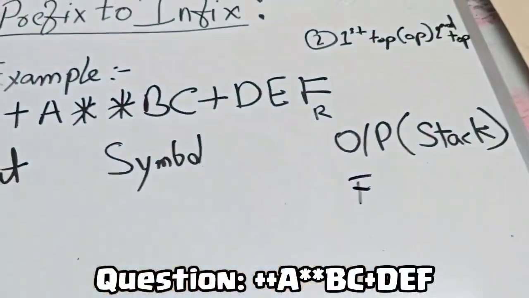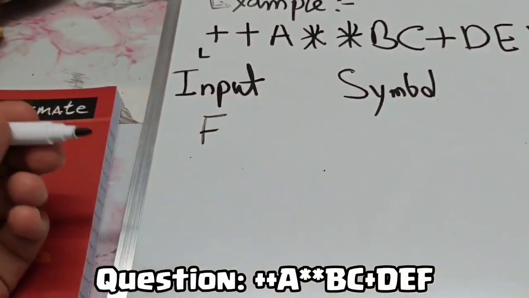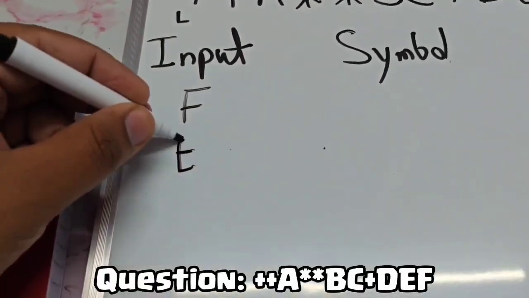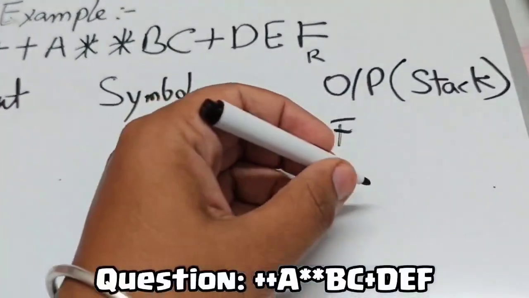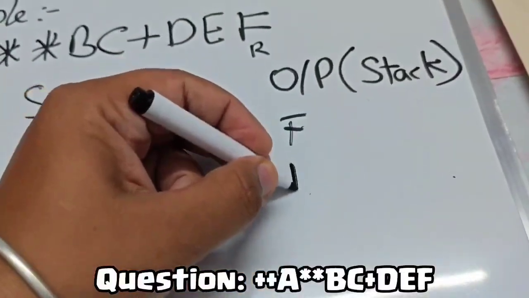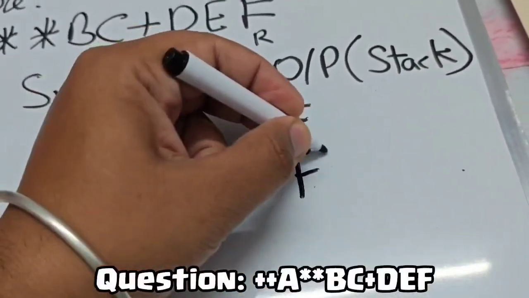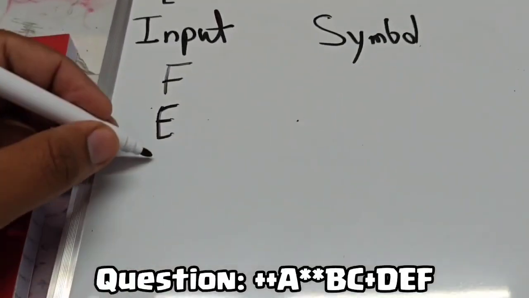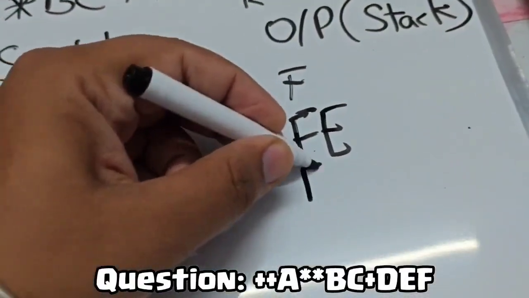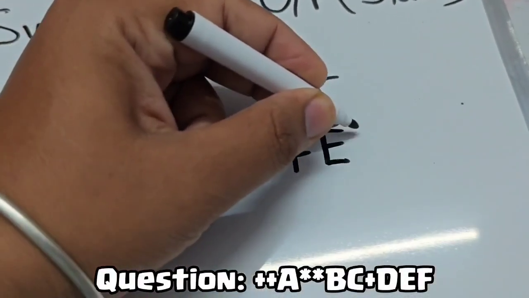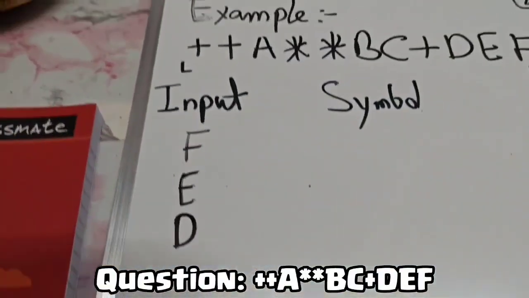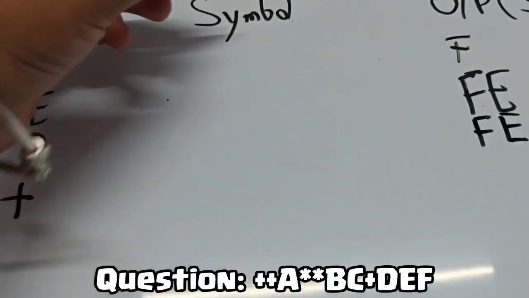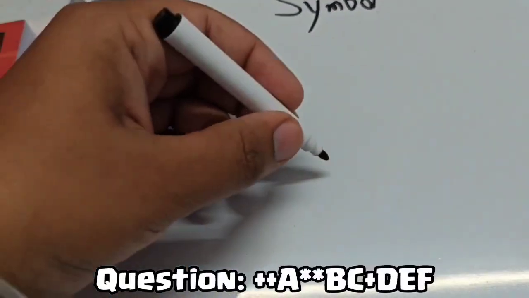And you know that you have to write the output in stack format. Next is E. The E will come here, it is not a symbol, then you have to write here F E. Okay, next is D, same, F E D. Next is the plus symbol. Here you write plus in the input also because it is a symbol.